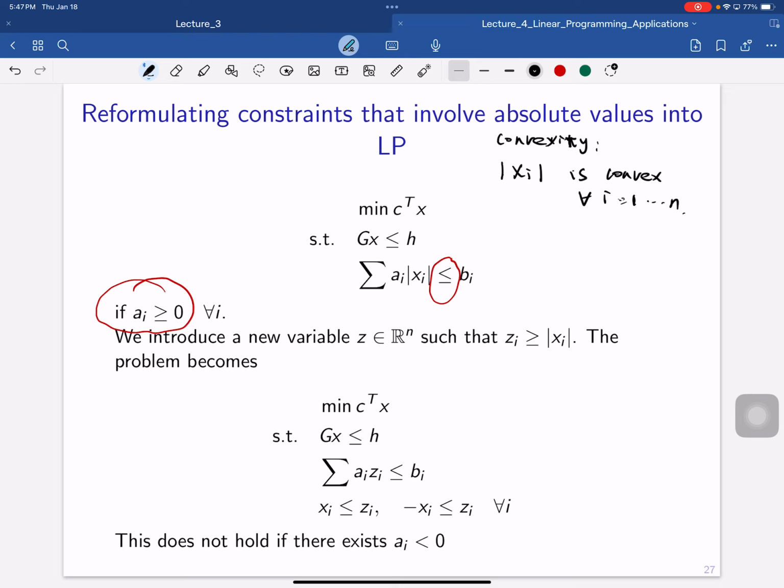And then if you are taking a non-negative weighted sum of convex functions, that preserves convexity. That is one of the homework problems.